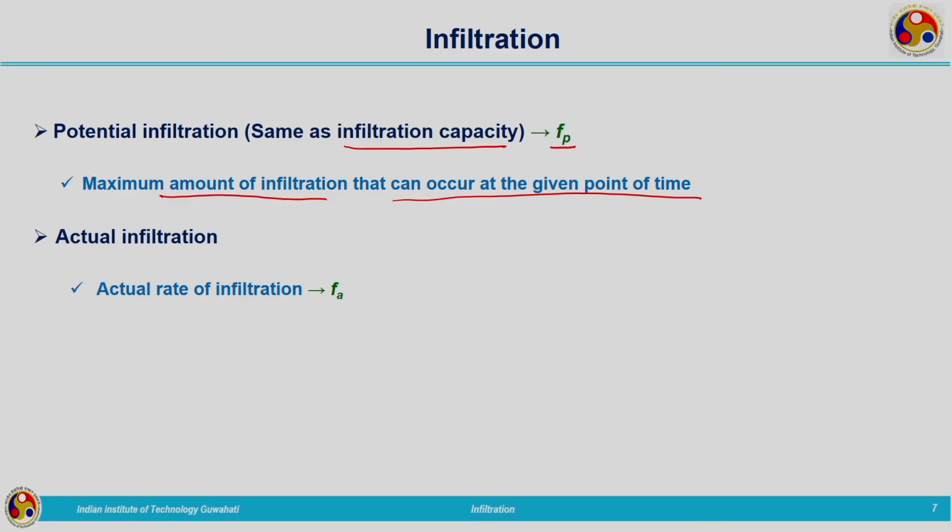Before that the rainfall might have ceased. So, maximum capacity of infiltration is represented by potential infiltration, and whatever is exactly happening at the field or the lab, that is the actual rate of infiltration, represented by FA.